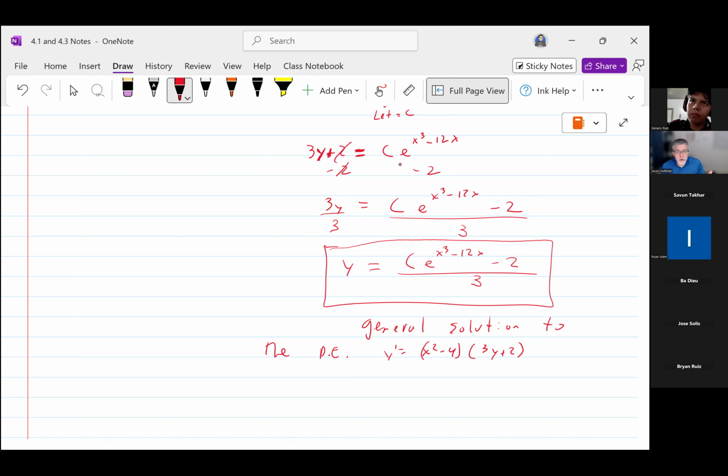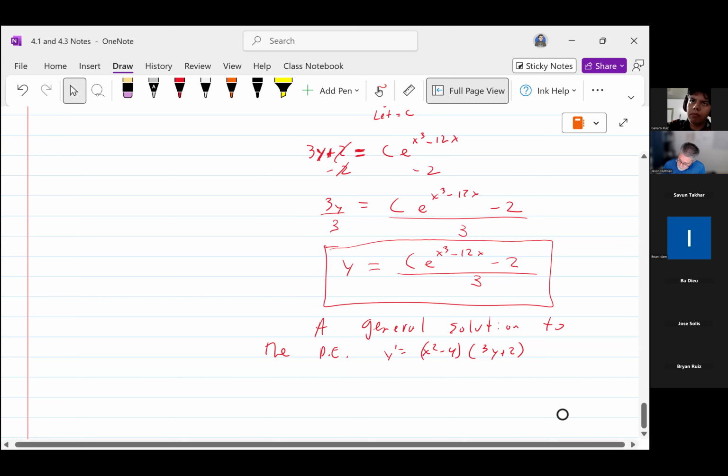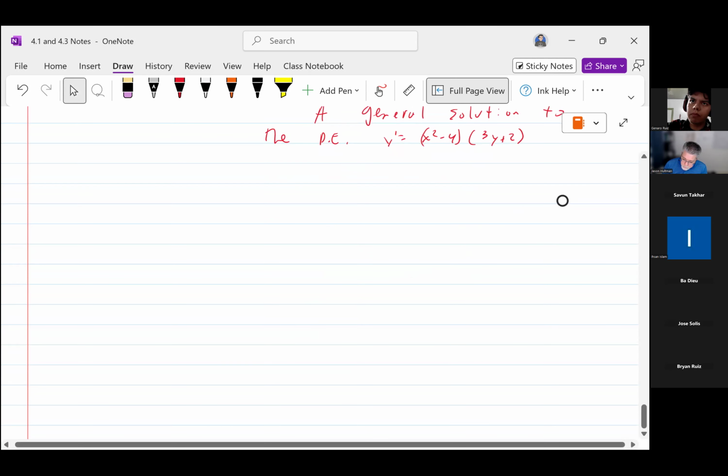Because it is a first order differential equation, I would just need one initial value or one initial condition or one point on the solution curve, and then I would be able to lock down what that particular solution would be. This is, however, a general solution because it contains my constant. Right?